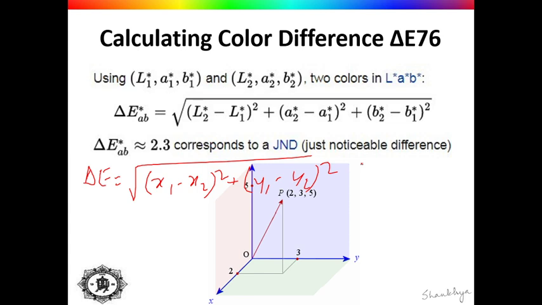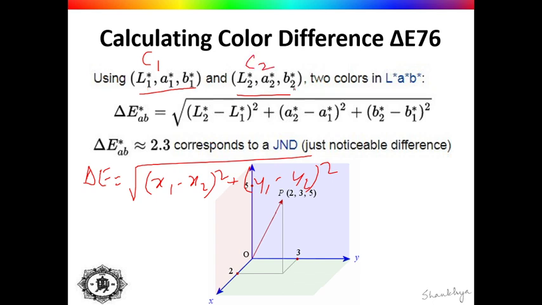Now, as I told you, color difference or distance between colors is a metric that can be applied to any color space, right? So in this context, here we will be measuring the distance between two colors in the LAB color space, where color 1 is having colorimetric value L1 A1 B1, and color 2 is having colorimetric value of L2 A2 B2.